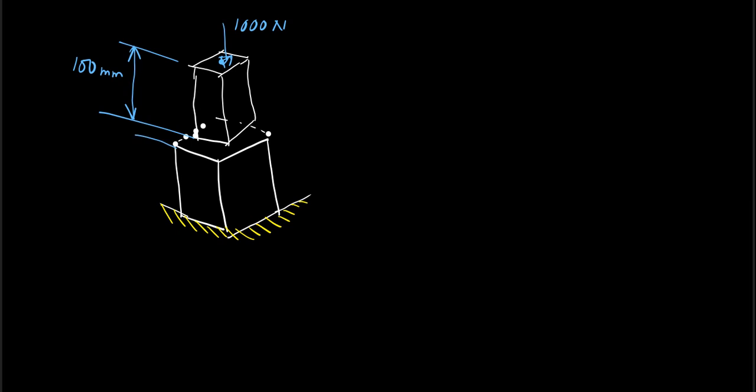Then the bottom one is again 100 millimeter, and this width from here to here is 10 millimeter, and the other side is also 10. So 10 into 10, and here this is 20, and the other side is 10.